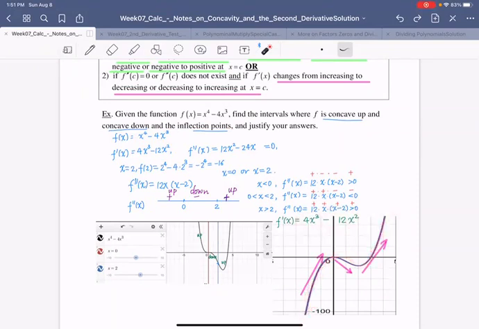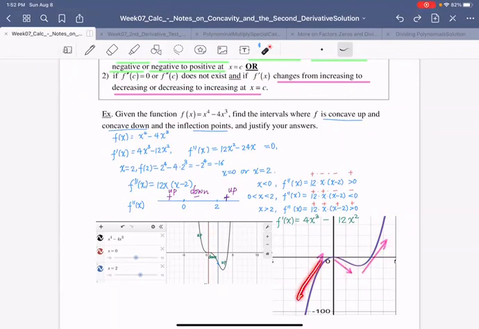This is the first derivative. The definition over here for the inflection point says if you are changing from increasing to decreasing, see here, it's changing from increasing to decreasing. And you are changing from decreasing to increasing, okay?